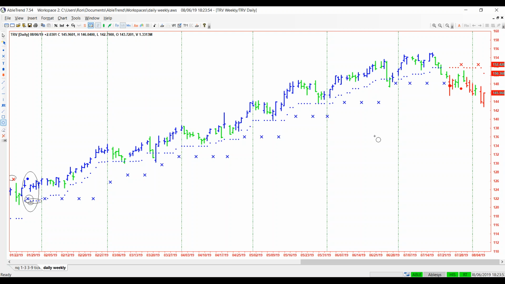It doesn't matter if we're looking at a mini NASDAQ chart or we're looking at a stock chart. It's the exact same rules. Blue bar, blue dot, blue X to buy, red bar, red dot, red X to sell, and you put your stop losses at the previous lower small blue dot below the price. Exact same rules. So it doesn't change no matter what chart you're looking at.